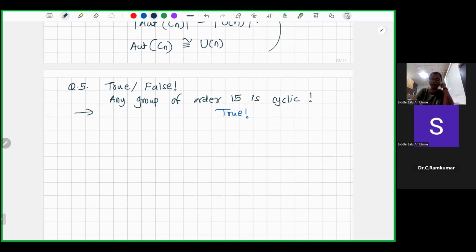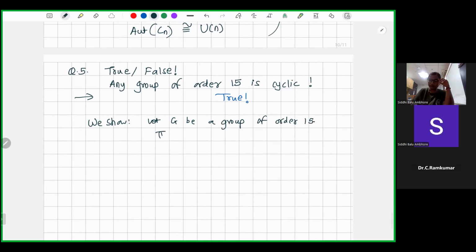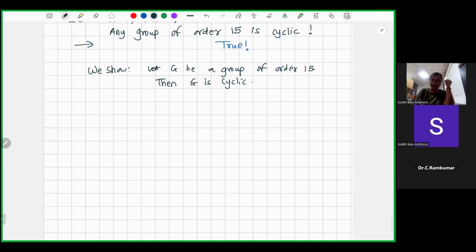Okay, so what we will do is we show that if G is a group of order 15, then G is cyclic. This is what we will show now.